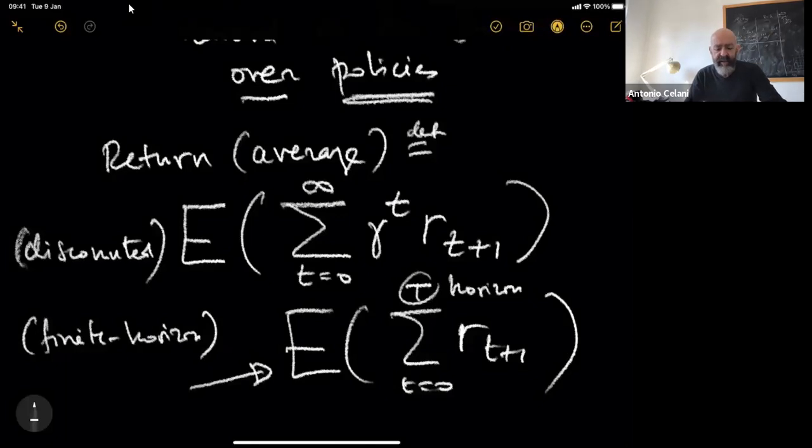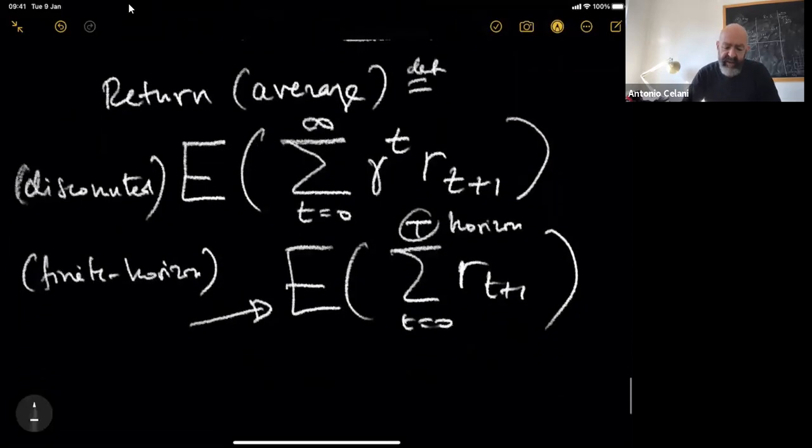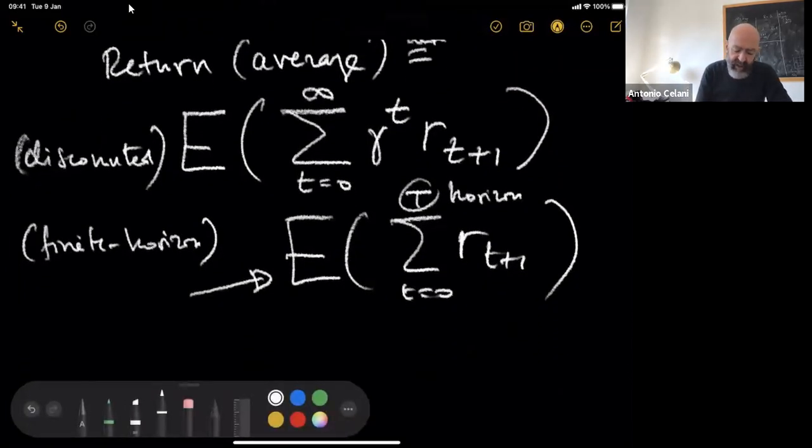On the other hand, when you use the discounted version, which is the one on the top, we will see that you have stationary strategies over time. So the best strategy is the same irrespective of when you start. So what is this discounted thing that we have here?